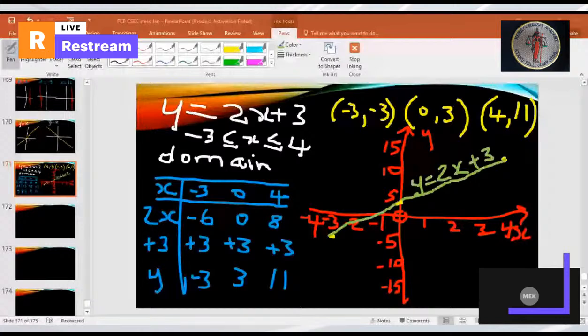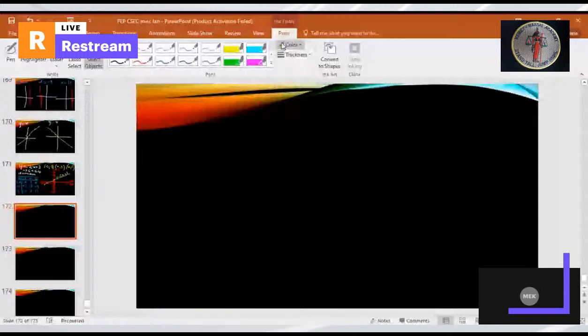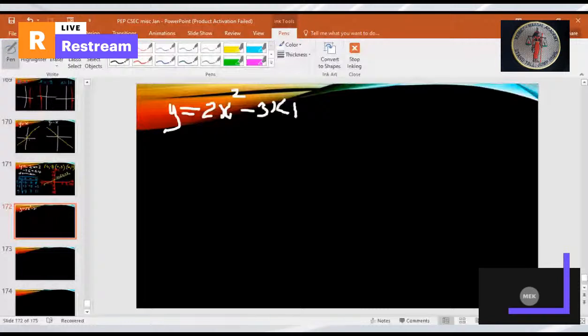The quadratic graph will have an x squared. So y is, let's say, 2x squared minus 3x plus 4.